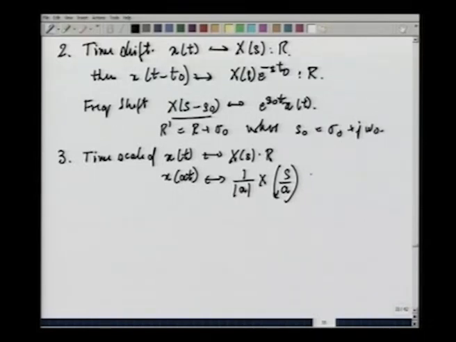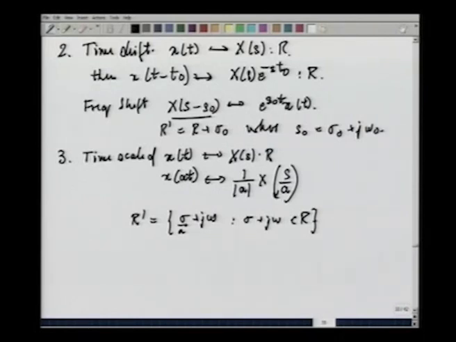So, you take R dash equals the set of points sigma by a plus j omega, where sigma plus j omega was in R.